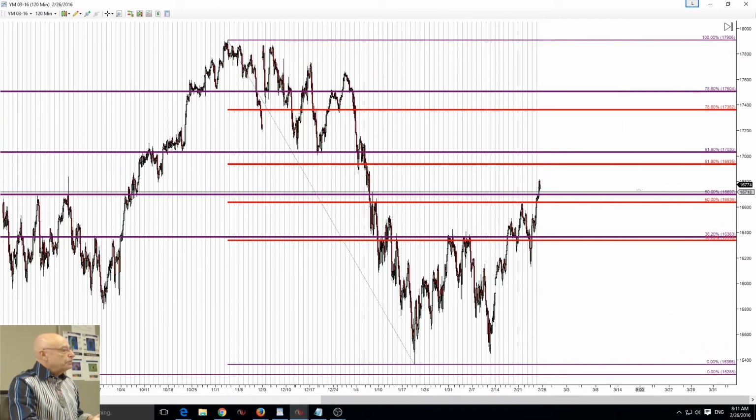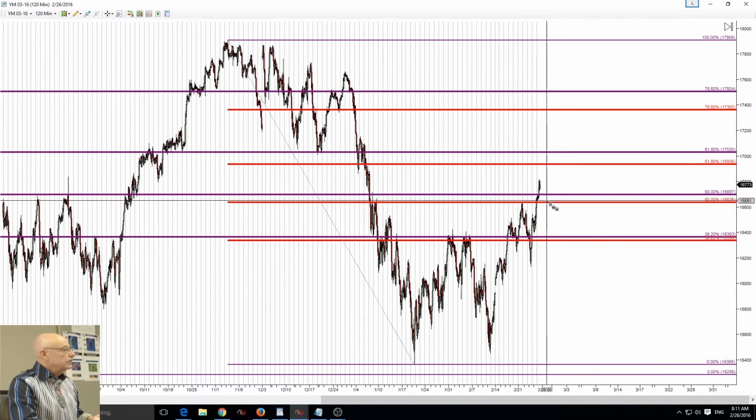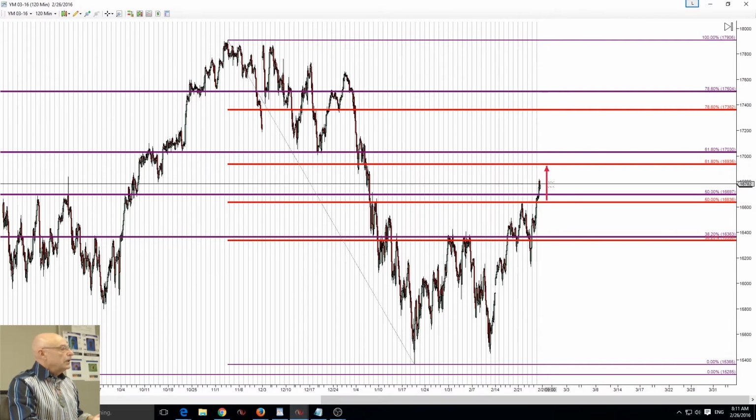So what we got here, we broke 50% level. We broke it. And we broke it today. 23, 16. Yesterday after reopen, we broke that level. It means we're going to get to here.